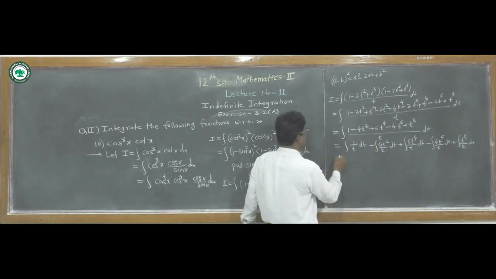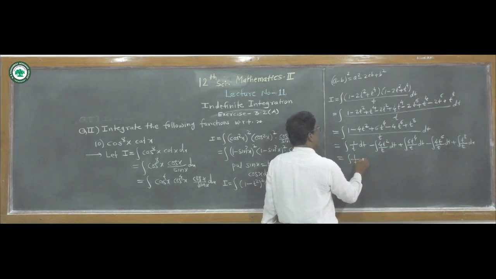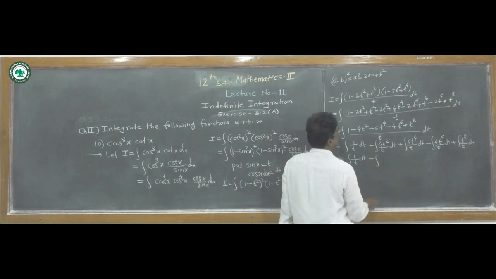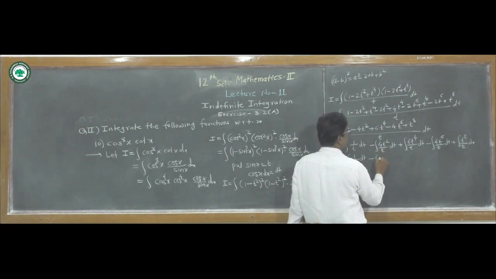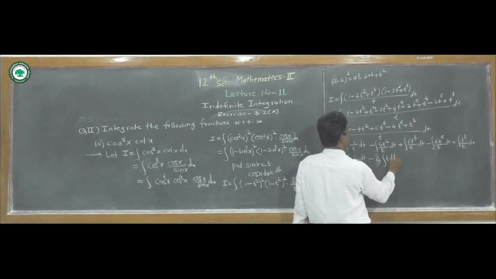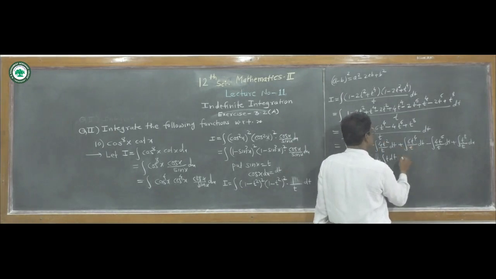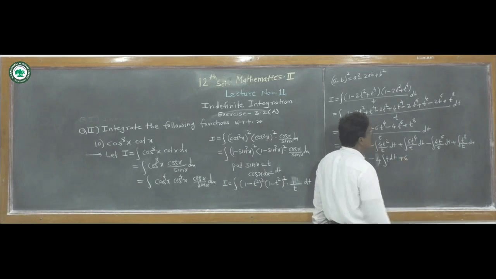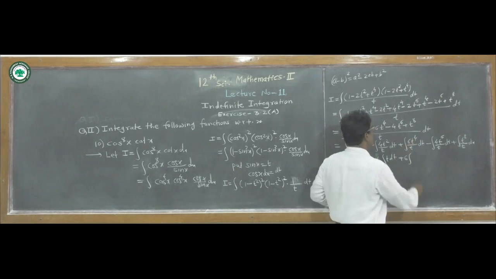So this is equal to integration of 1 upon t dt minus integration of t square upon t, 1 t gets cancelled. So we get here minus 4, the constant, taken outside the integral, minus 4 into integration of t dt, t and t get cancelled. Now plus 6, the constant, taken outside the integral, and integration of t to the power 4 upon t, 1 t gets cancelled, so we get integration of t to the power 3 dt.